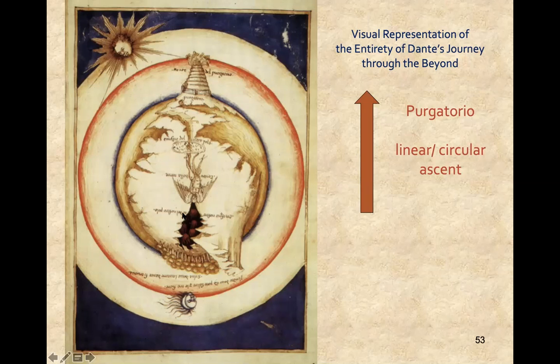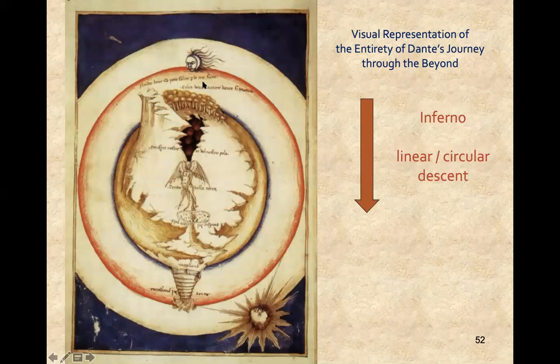What is the meaning of this reversal? We will explore this next time, but for now, let's just for a minute come back to the previous image. We come to realize that the experience of hell is this descent into the darkness of the earth, down to the very center.